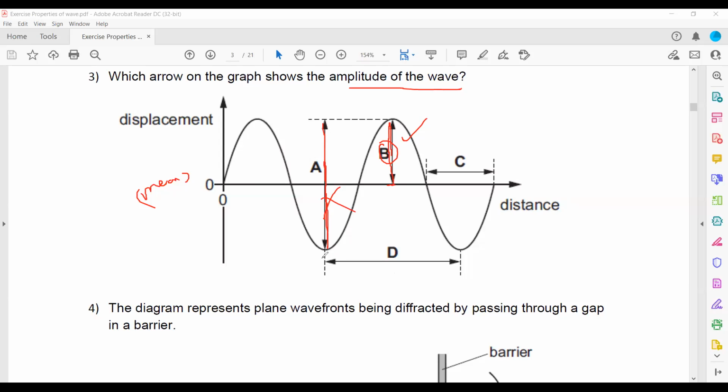What is D? From one trough to another, it's actually a wavelength. And what about C? It's half of the wave or half of wavelength.